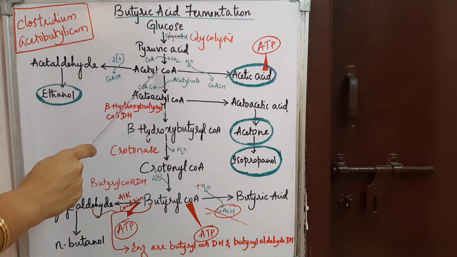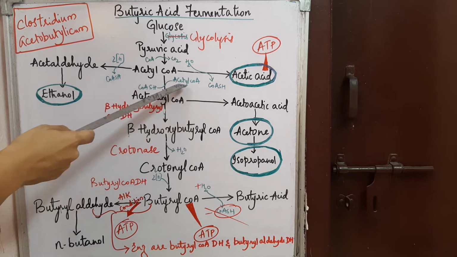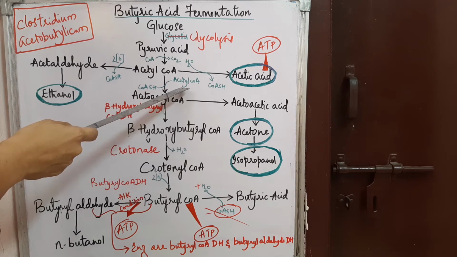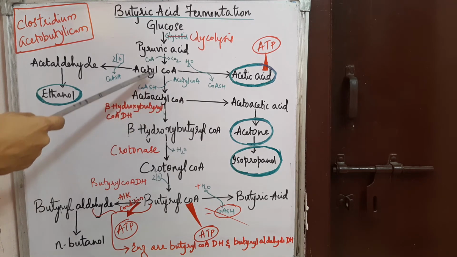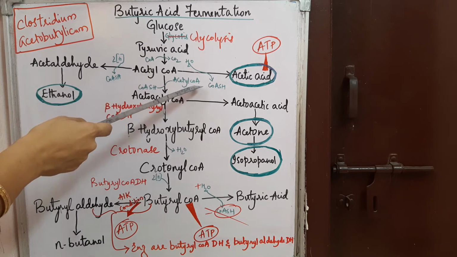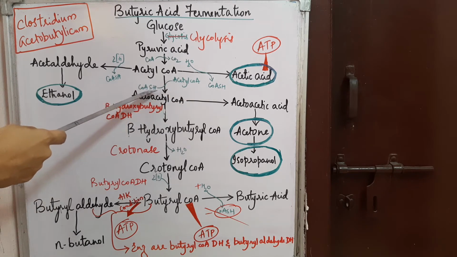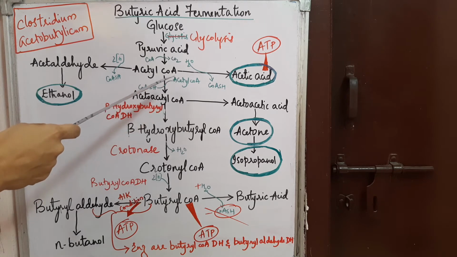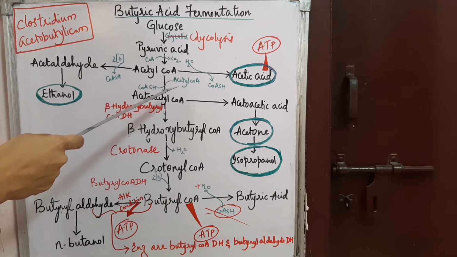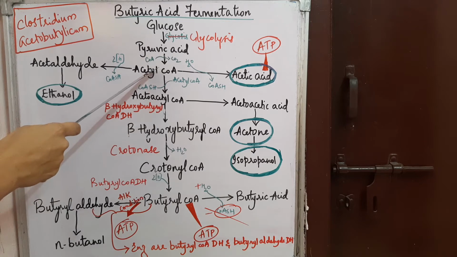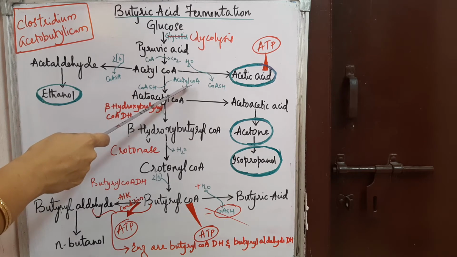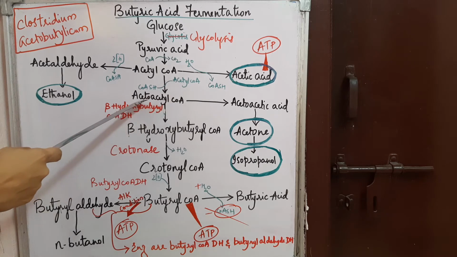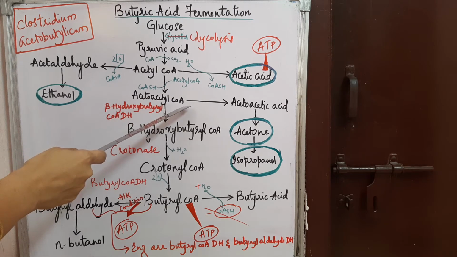This acetyl-CoA combines with one more molecule of acetyl-CoA with loss of one CoA molecule in presence of the enzyme thiolase to give rise to acetoacetyl-CoA.